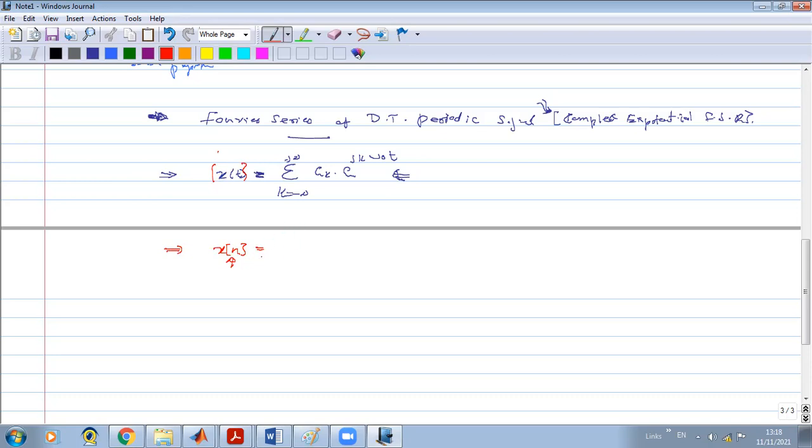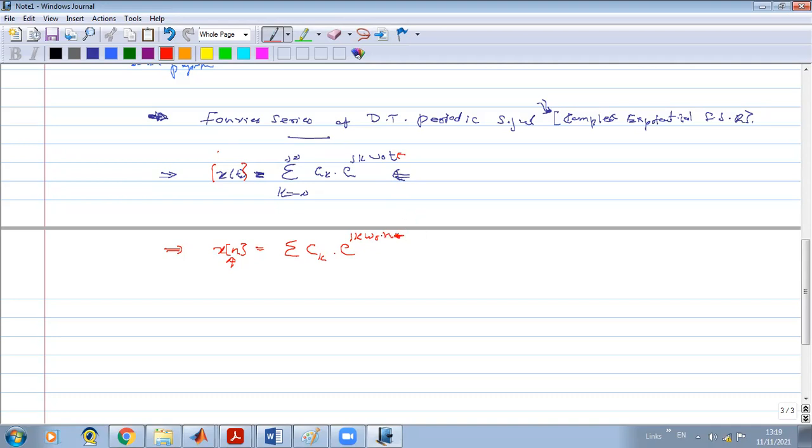So x[n], the discrete time periodic signal, can be represented as a collection of harmonics in the same manner: c_k e to the power jk omega naught n. Here t is replaced by n, because n is the independent variable.